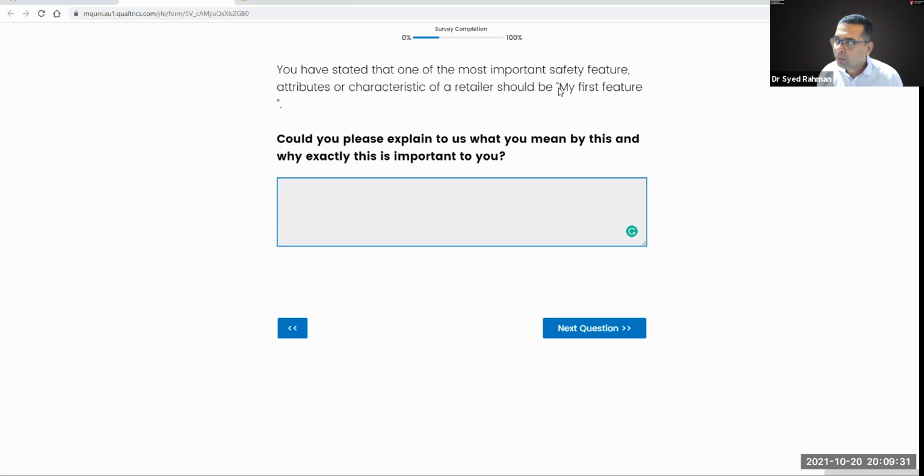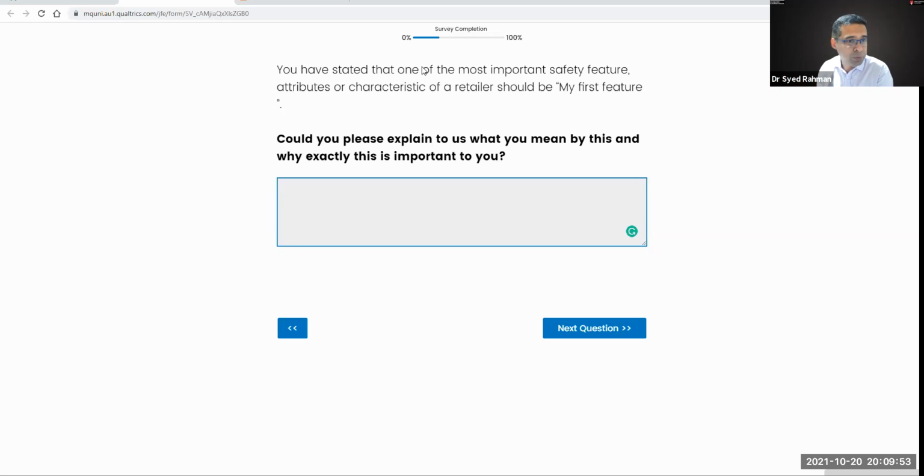And piping this information from the previous step to this step is extremely important, because by the time we step through, we will forget what we said. Another tip: you will find that I said one of the most important features, I did not say the most important feature, because I'm not affirming or confirming that this is the most important feature.